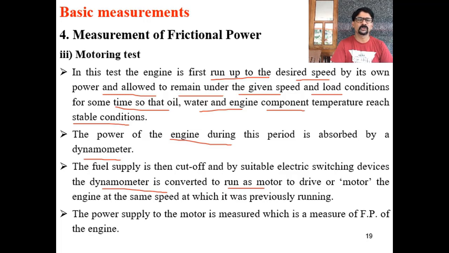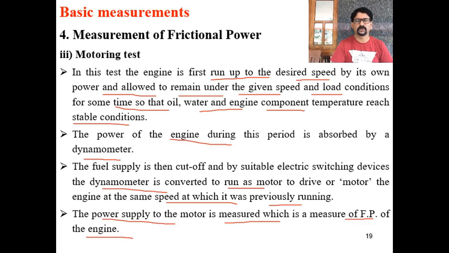So you convert this dynamometer into an electric motor, and this motor will drive the engine at the same speed at which it was previously running. The power supply to this motor to maintain the speed is nothing but the friction power of the engine. This is called the motoring test.